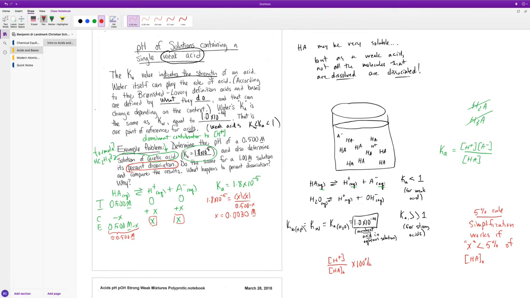That's what we're finding. Is that going to be less than 5%? Whatever it is, that'll be its percent dissociation. So this value, x, the H plus ion concentration at equilibrium, divided by that initial concentration of undissociated HA times 100%. So what do we got?